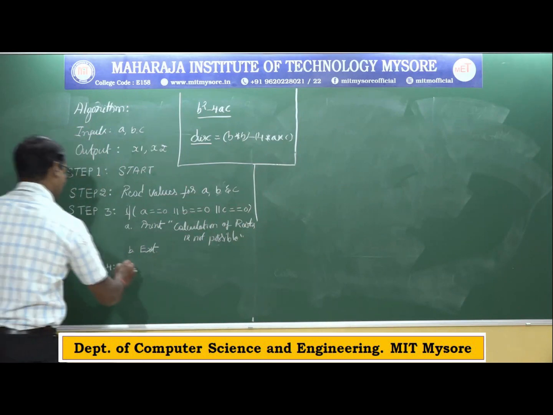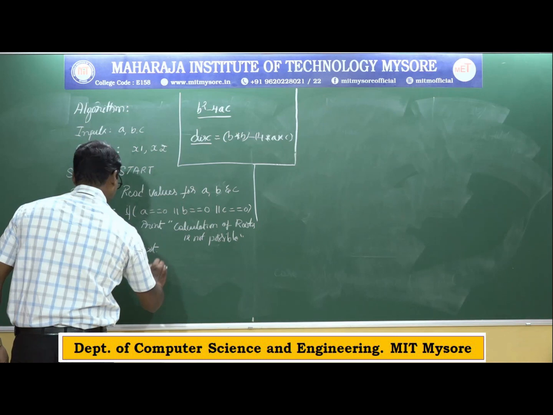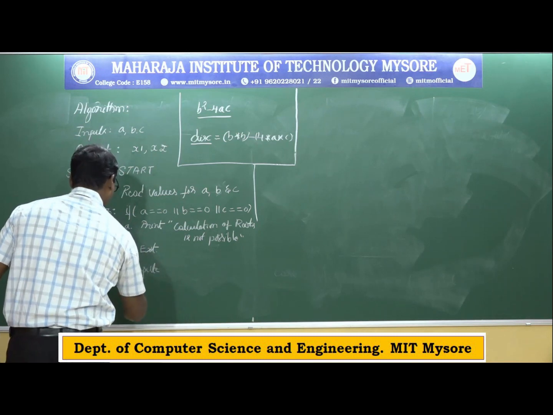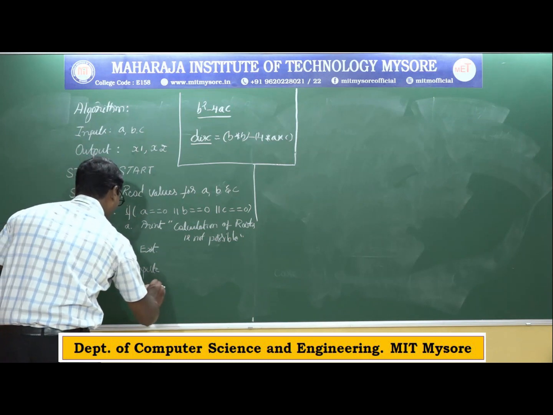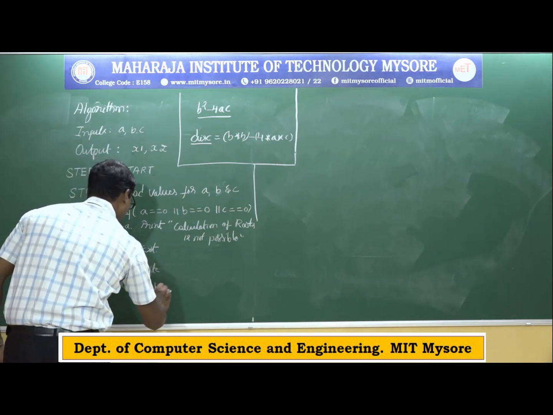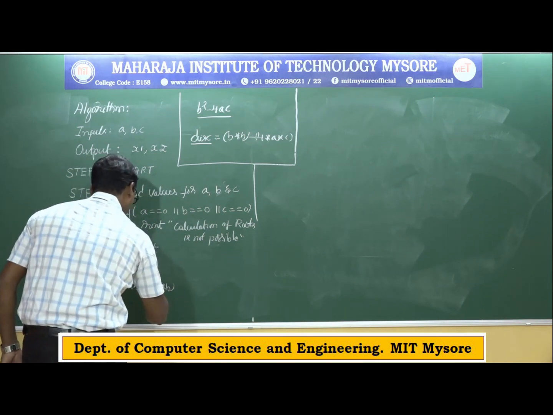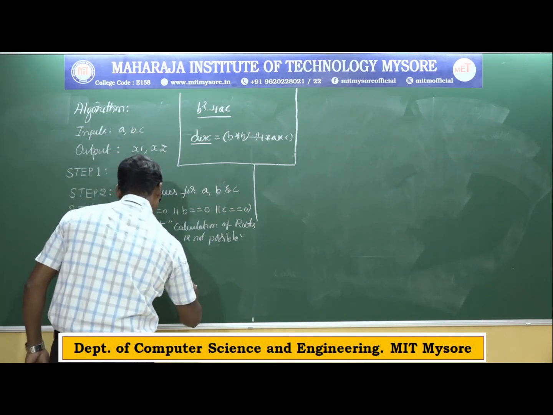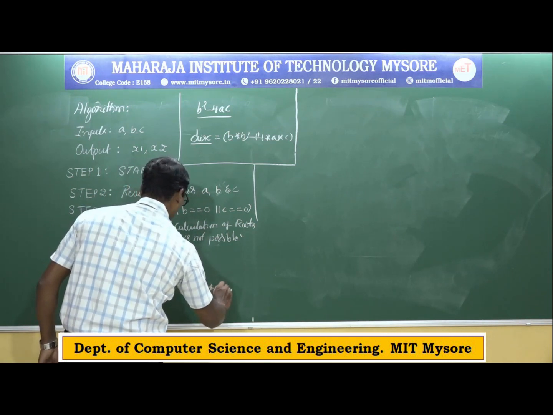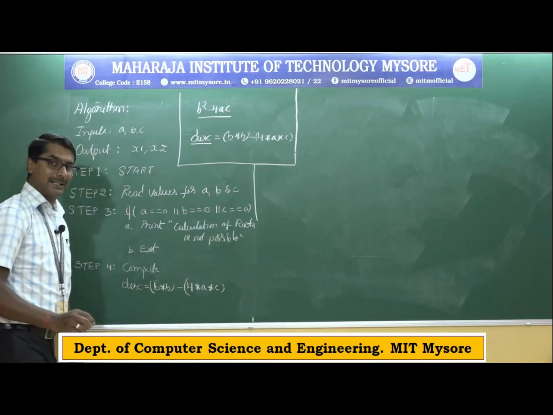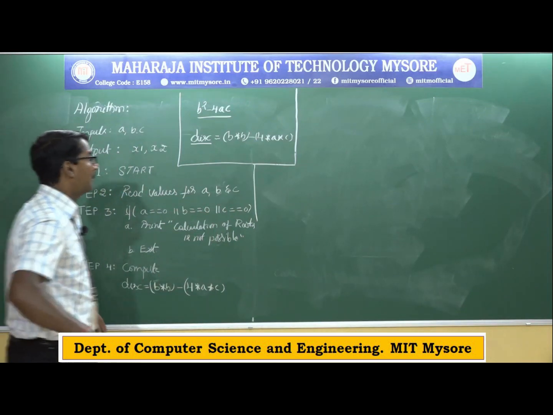So here I will compute DISC is equal to b into b minus 4 into a into c. So first I calculate the value.